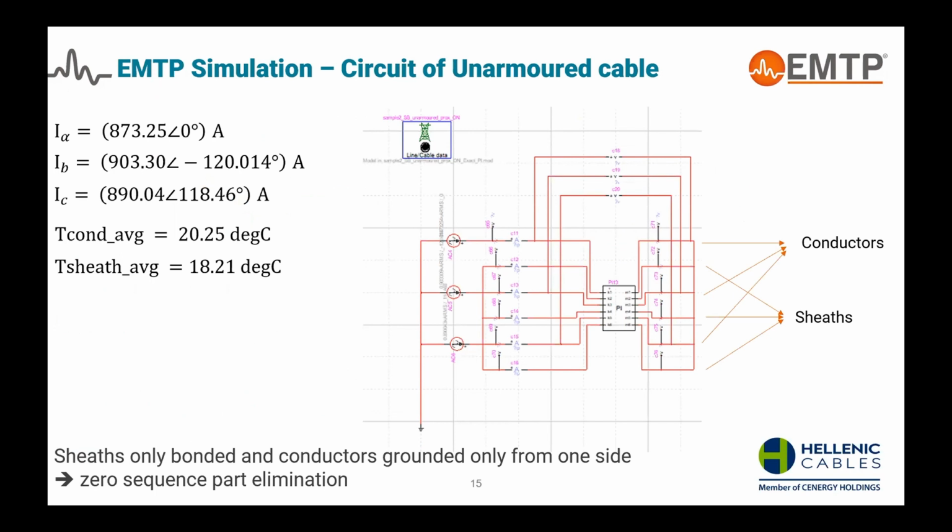Now, the circuit that is implemented in order to have the measurements and the simulations in EMTP is like this one. Here we have the current sources at phase A, B, and C as measured from the three-phase variac and the CTs.